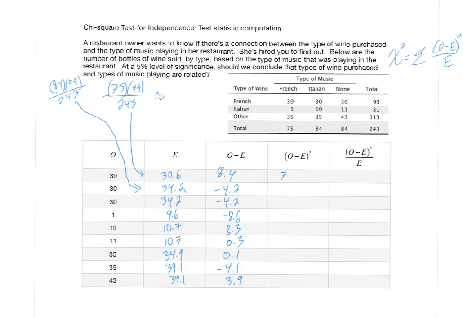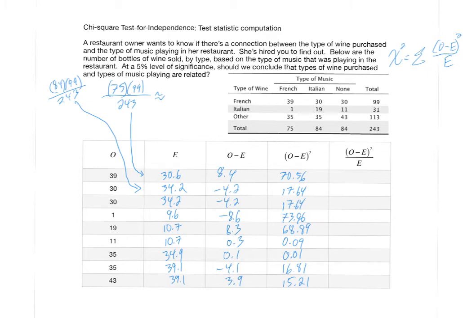They are approximately 70.56, 17.64, 17.64, 73.96, 68.89, 0.09, 0.01, 16.81, and 15.21.